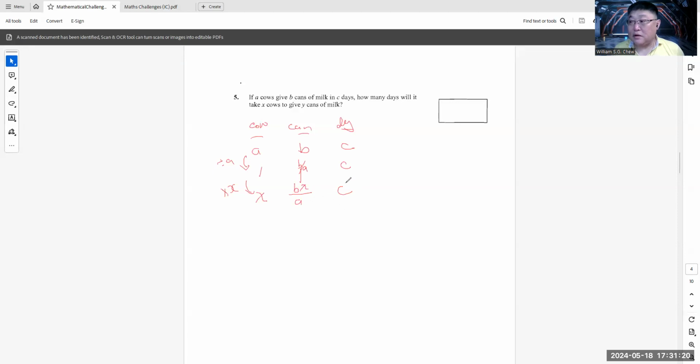Now I have to deal with Y cans. So X cows to get one can, how many days will it need? It will need C divided by BX over A, which equals C times A over BX days.